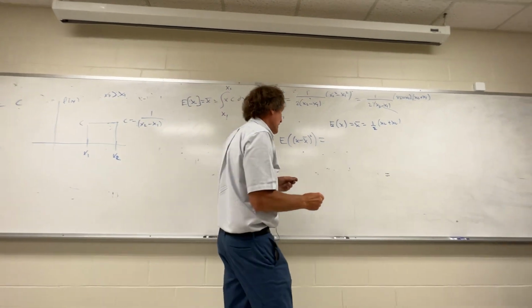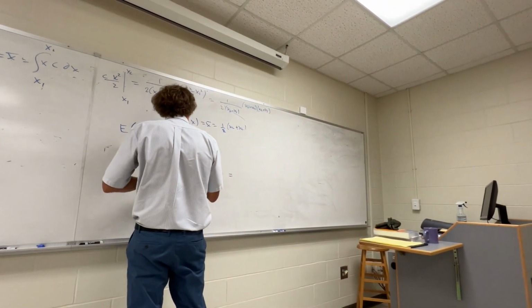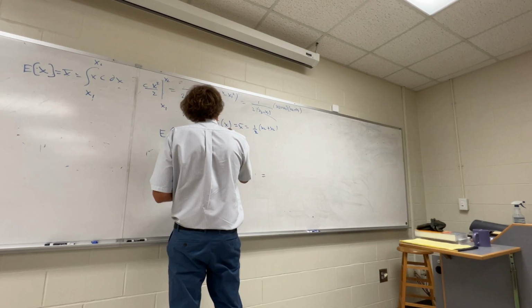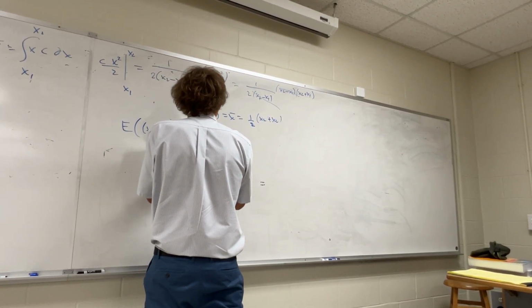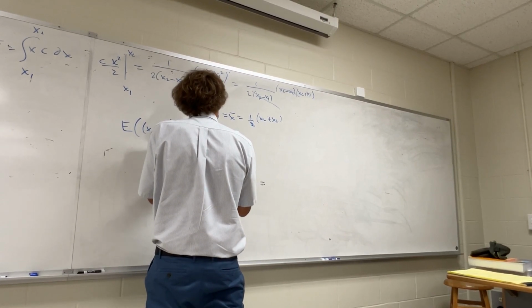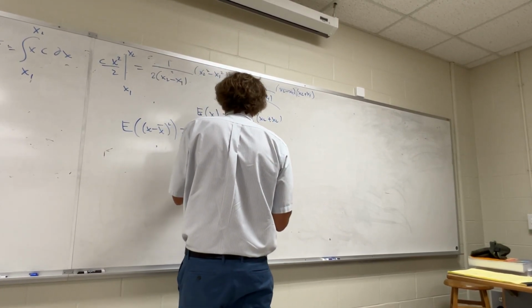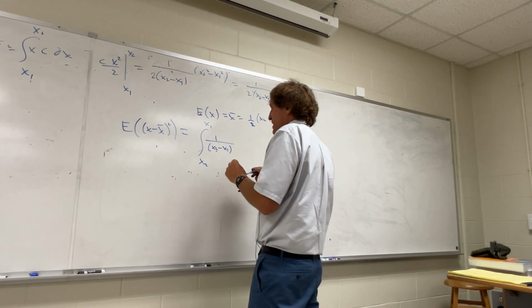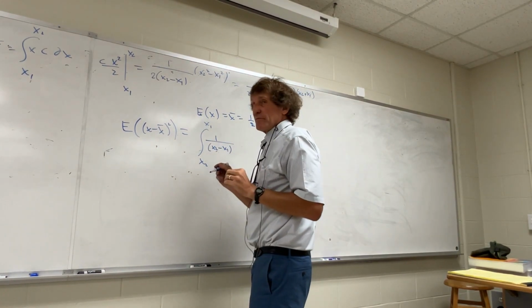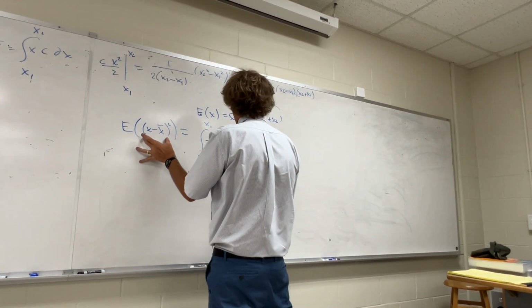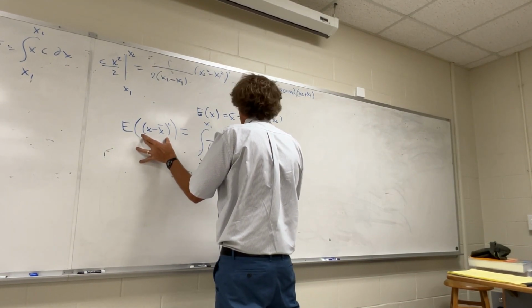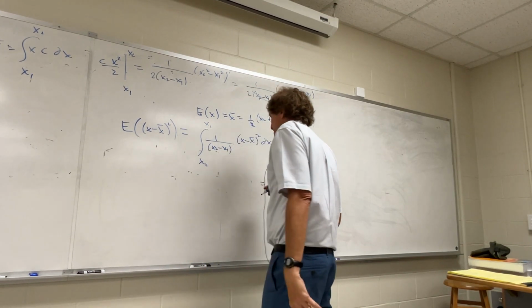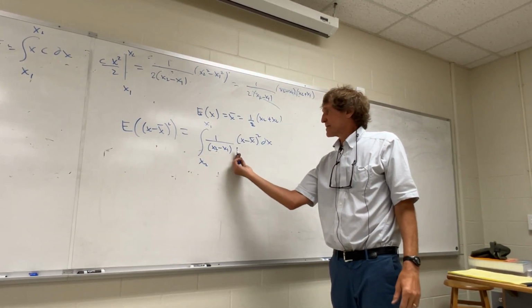It would be the integral from x2 to x1 of the probability density function, which is just going to be 1 over x2 minus x1. I should probably have left that as c here. That's all right. That's the probability density function. Now I need this in here. So it's going to be x minus x bar squared dx. Now, does everybody agree with that? You can take this out in front.